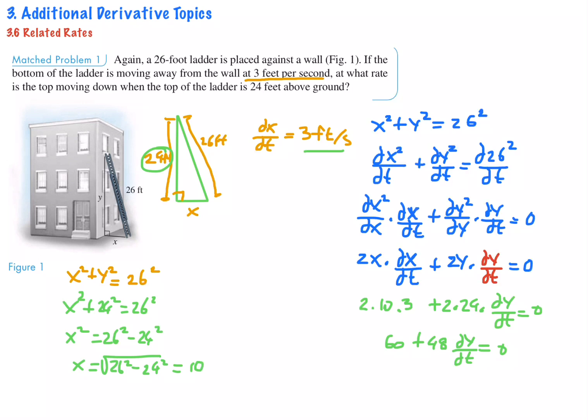And then dy over dt equals negative 60 divided by 48, which is negative 10 over 8, or negative 1.25, which means that the ladder will slip down, when x is moving away from the wall at 3 feet per second, by 1.25 feet per second. Okay, so that's how we get our answer.